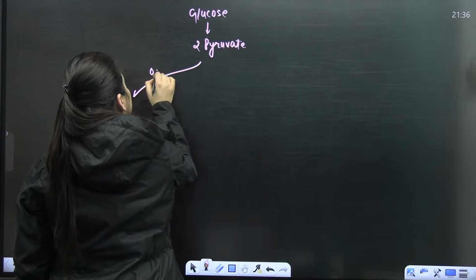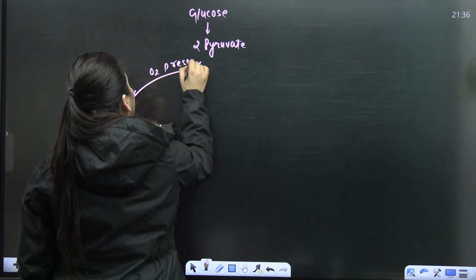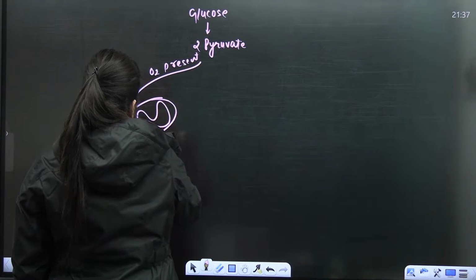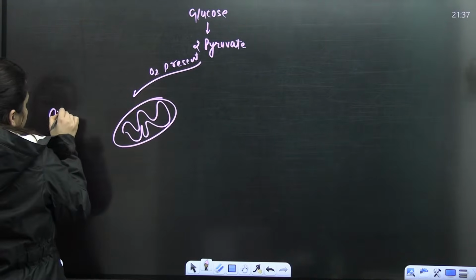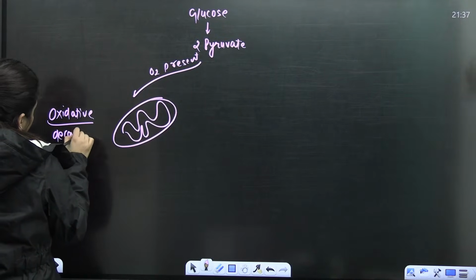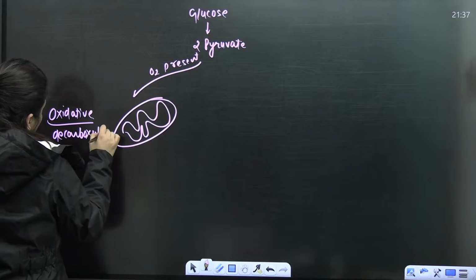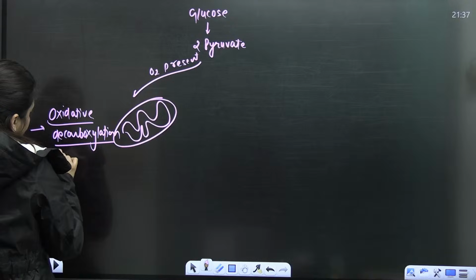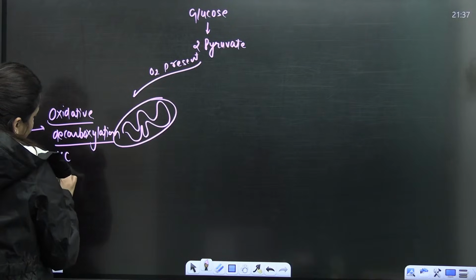That pyruvate, if oxygen is present, will go to the mitochondria for oxidative decarboxylation and for the Krebs cycle and so on.